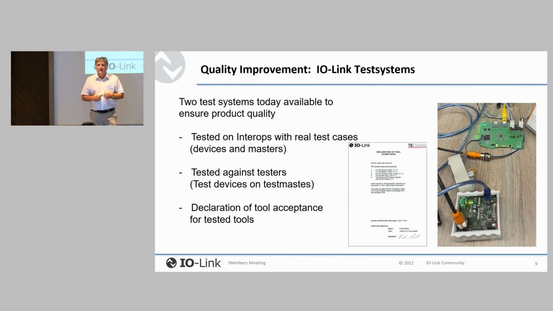And to have an acceptance of these testers for the manufacturer declaration, we have now issued a declaration of tool acceptance. So this is also for improvement, increasing the quality of the tester itself.